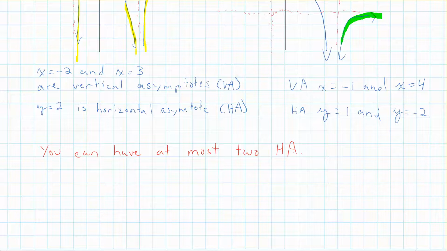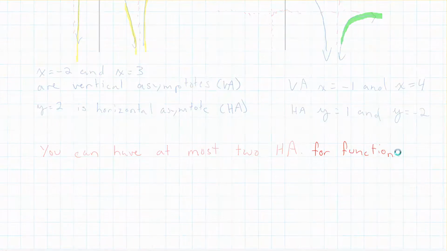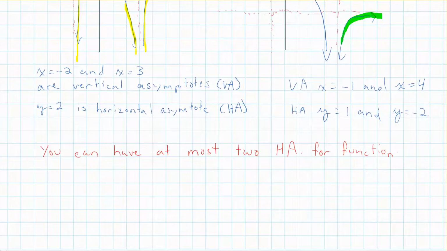Typically with rational functions, you're only going to have one horizontal asymptote, but you can have at most two horizontal asymptotes for functions. The reason you can't have more than two is that the definition said it was as you're going to positive or negative infinity, and that only gives you two possibilities. Otherwise, you wouldn't pass your vertical line test.